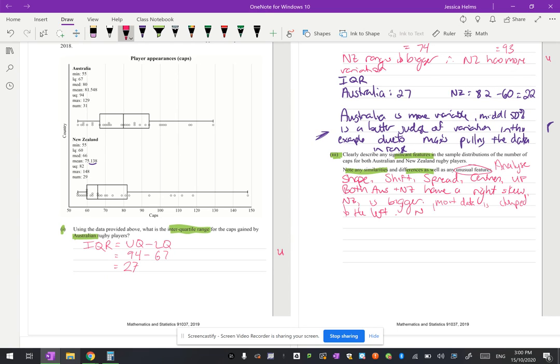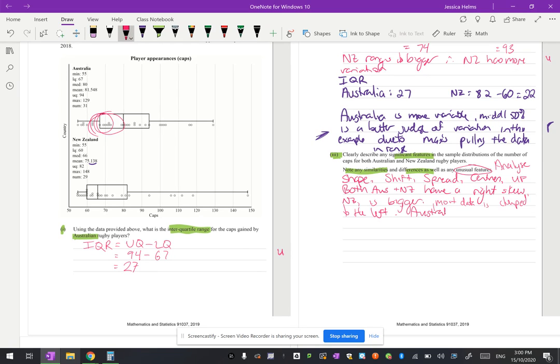Let's look at Australia first. Australia has a cluster probably around 67, just around about here somewhere.